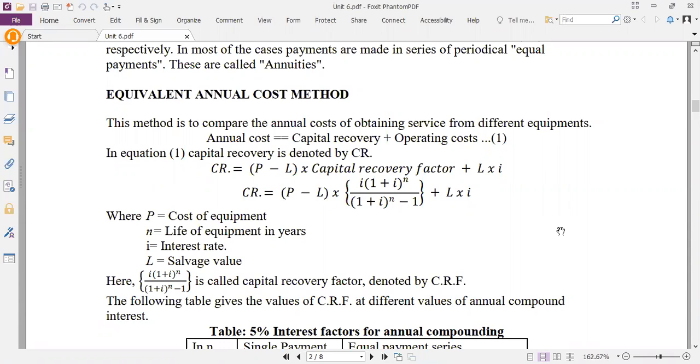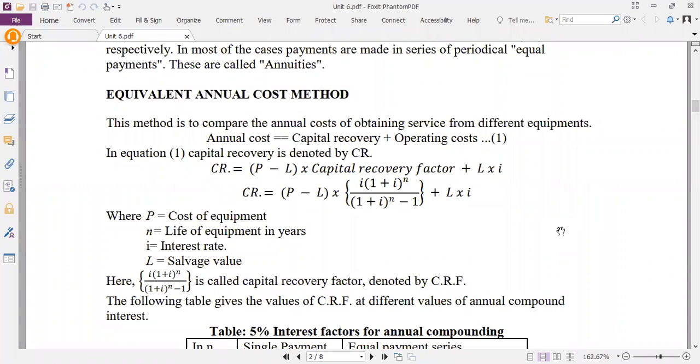In equation 1, capital recovery is denoted by CR. What is the capital recovery and how is it calculated? CR = (P minus L) into capital recovery factor plus L into I. What is that capital recovery factor?